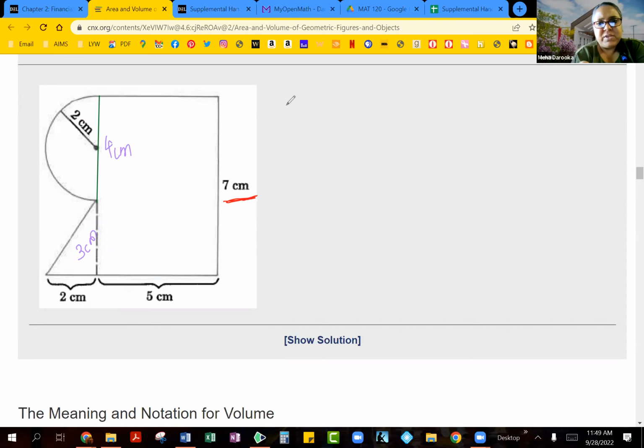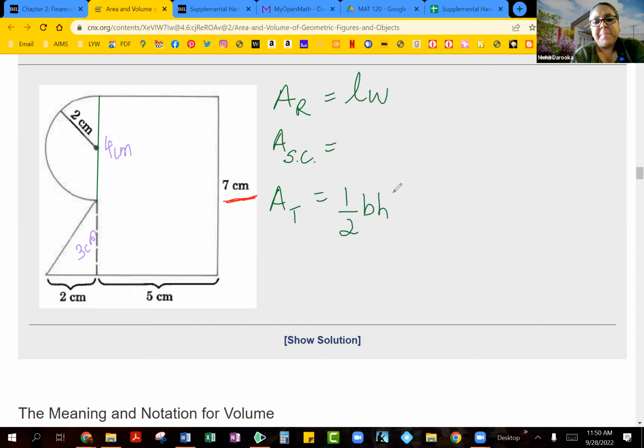So let's see, we need to find the area of the rectangle, the area of the semicircle, and the area of the triangle. The formula for the area of a rectangle is length times width. The area of the triangle is 1/2 base times height.